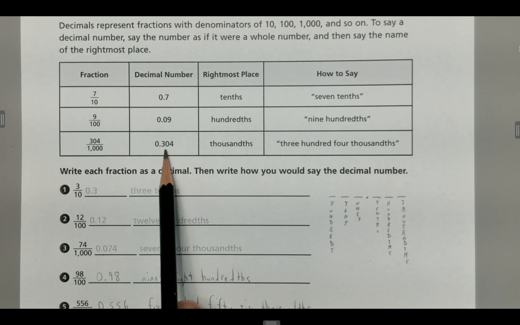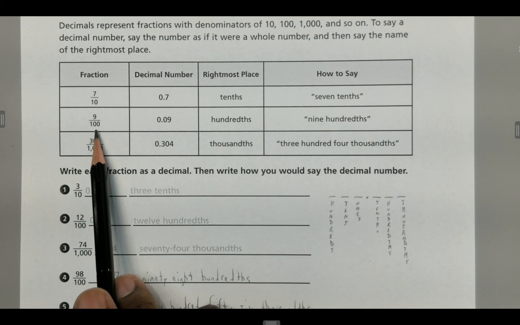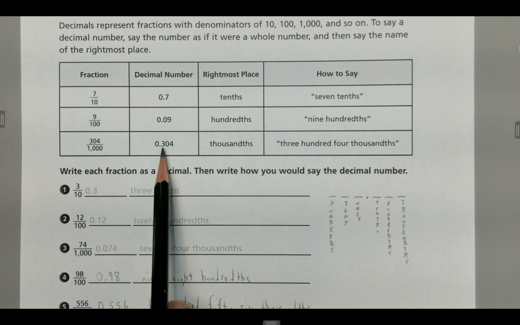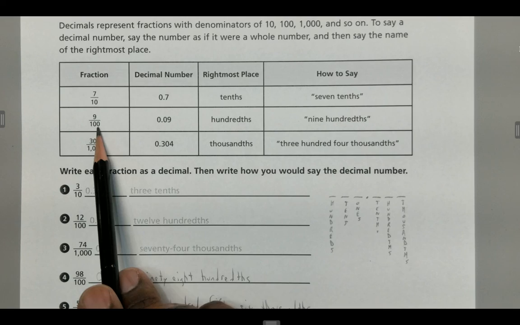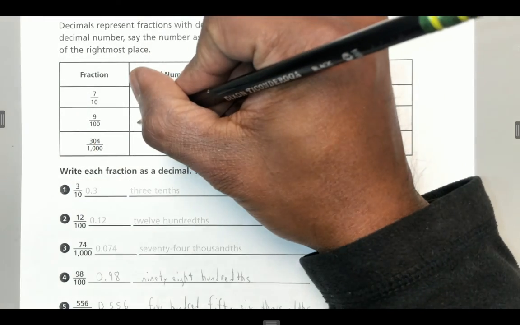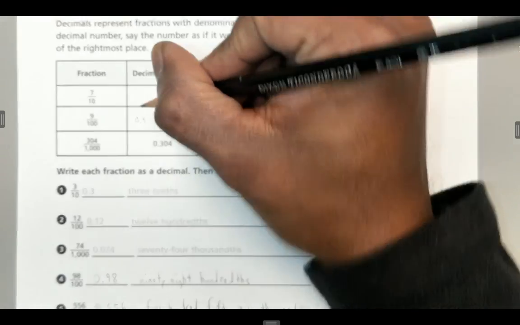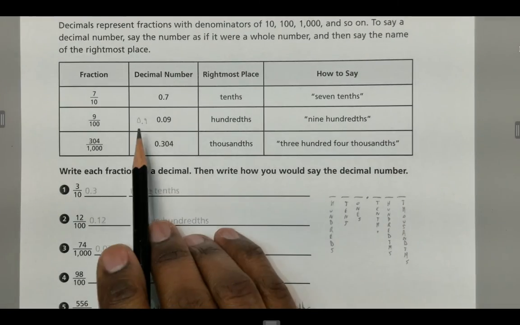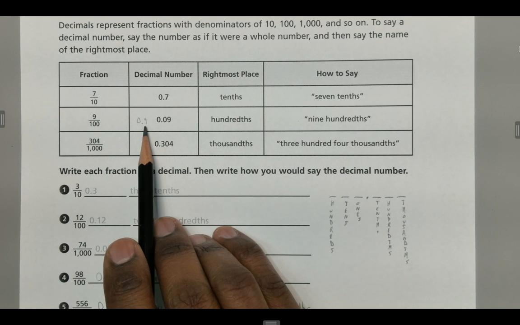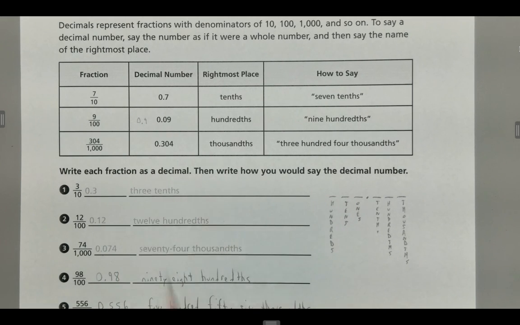Now, the thing that's interesting is sometimes kids will make this mistake at first. They'll look at 9/100 and think, oh, that's just this. Well, it's not, because the 9, as I've shown it here, is sitting in the tenths place. This is 9 tenths. This is 9 hundredths.